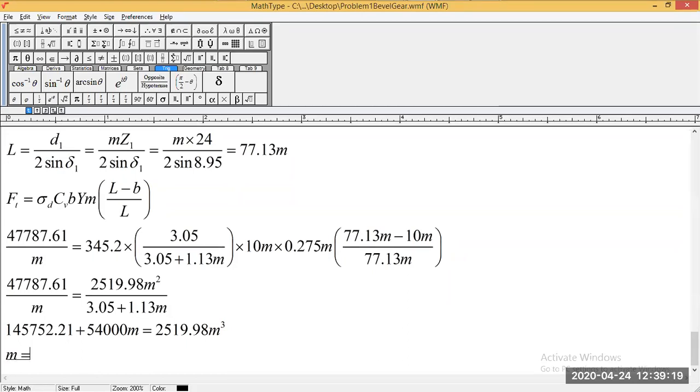So its degree is 3. So A value is 2519.98, B is 0, C is 54000, and D is 145. Oh, negative, forgot negative. C is minus 454123. Minus D is minus 145752.21.